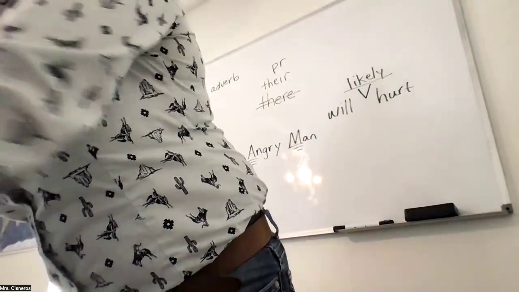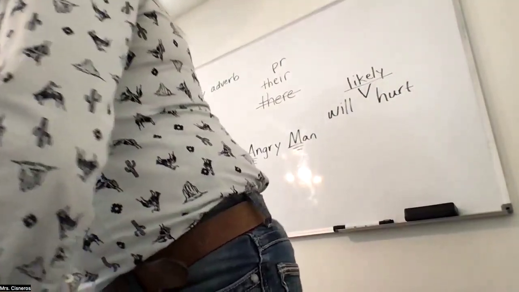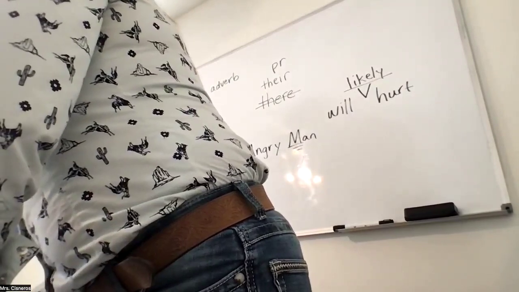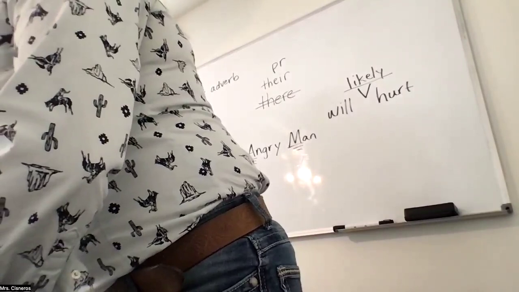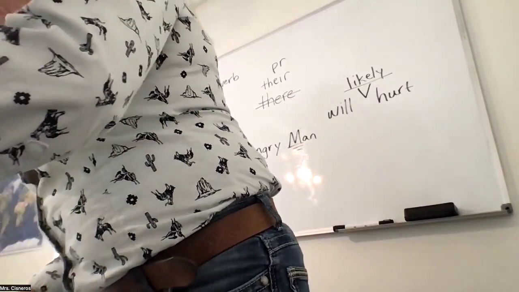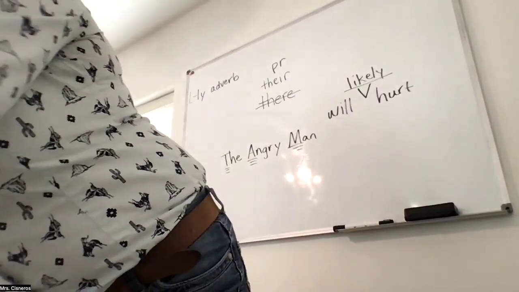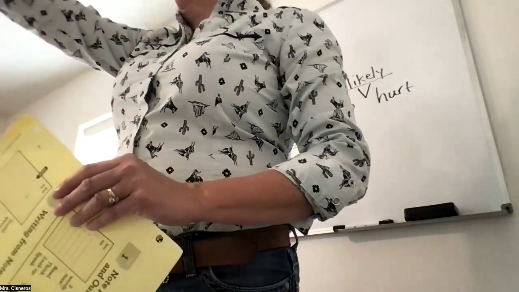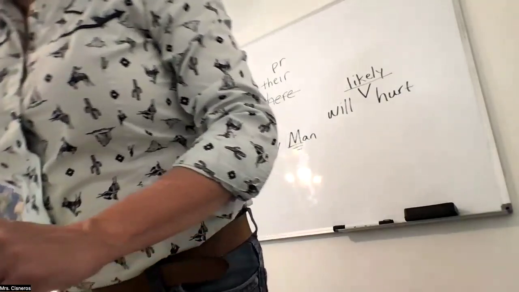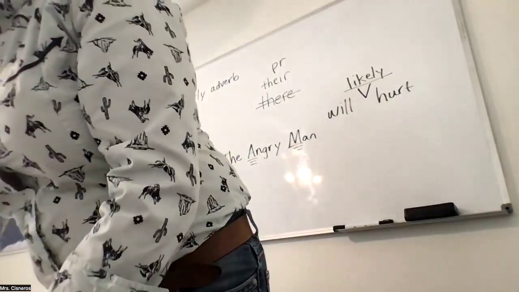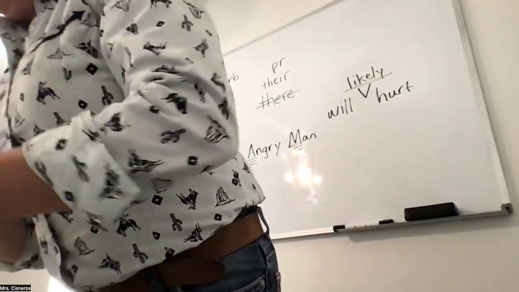I'll help you with that one. It goes behind the tab that says stylistic techniques. That's where the yellow page goes. Do you see the tab on your binder that says stylistic techniques? That's where that goes. You can help your neighbor if they need help.